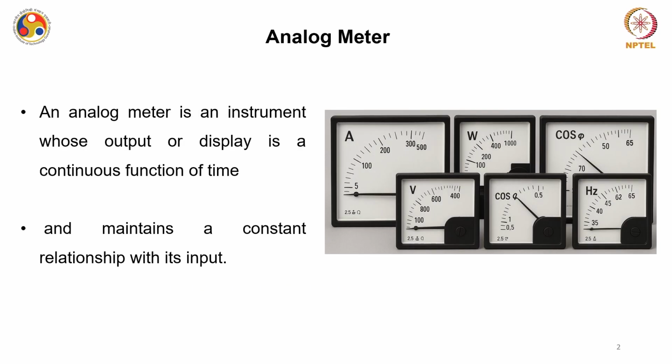But there will be a constant relationship with its input. So, what I mean to say is that these are the analog meters. For example, say this is the scale which will be deflected. Say this is an ammeter, which reads A, coming from an ammeter or ampere, whatever you think, and this is deflecting on this scale.